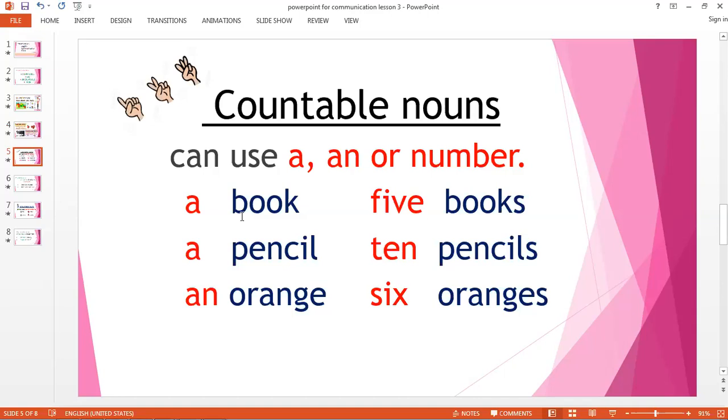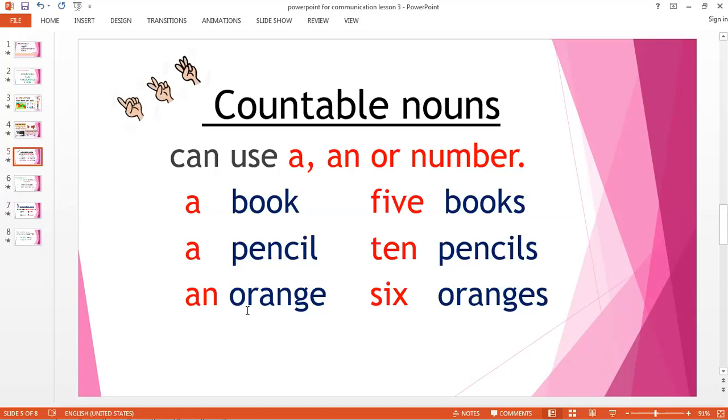Do you still remember the consonant letters? Consonant letters like B, C, D, F, G, H, J, K, L, M, N, P, Q, R, S, T, W, X, Y, and Z. We did not say U, and we did not say E, because they are not consonant letters.